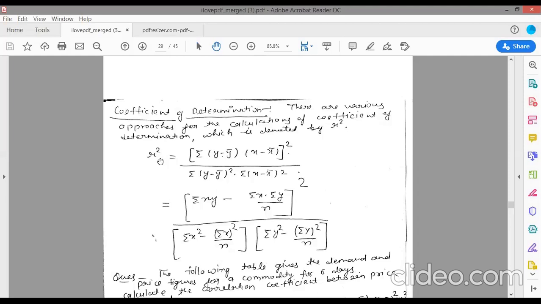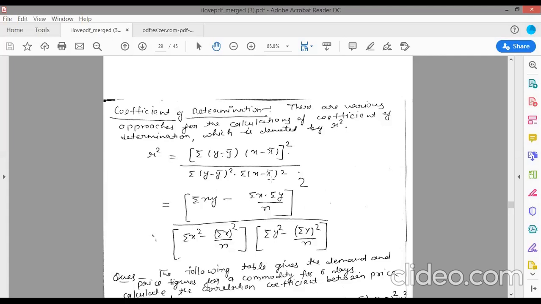R square is equal to summation (y minus y bar)(x minus x bar) whole square upon summation (y minus y bar) whole square into summation (x minus x bar) whole square, where x bar is the mean of the x series and y bar is the mean of the y series.